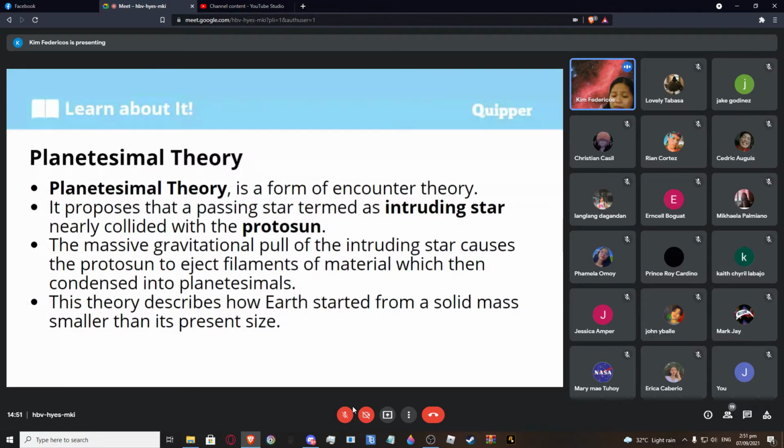Basically, a planetesimal can be anywhere from several meters to hundreds of kilometers. The term refers to small celestial bodies formed during the creation of a planet.